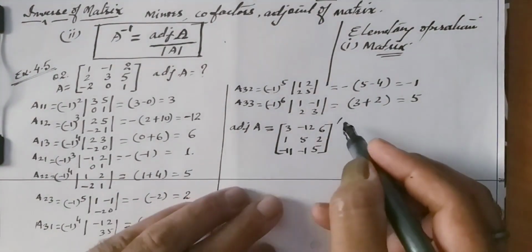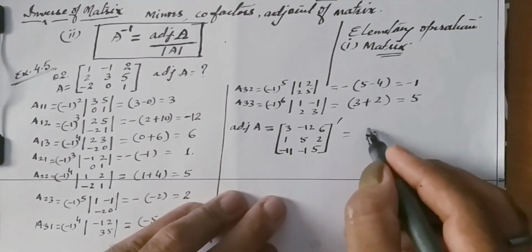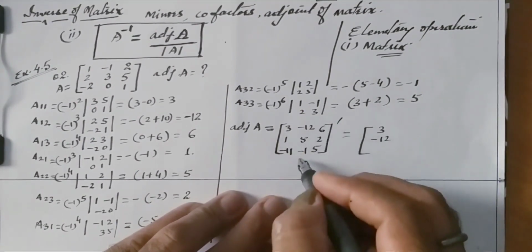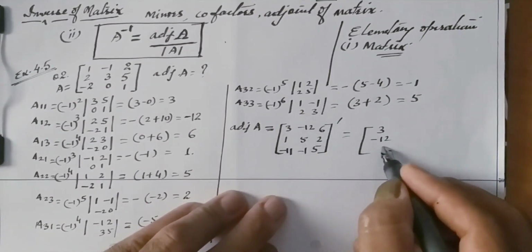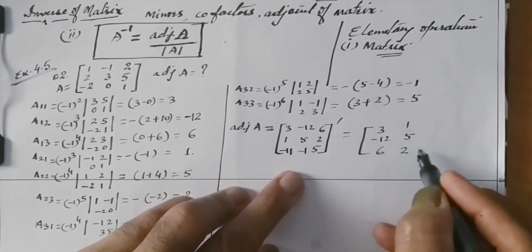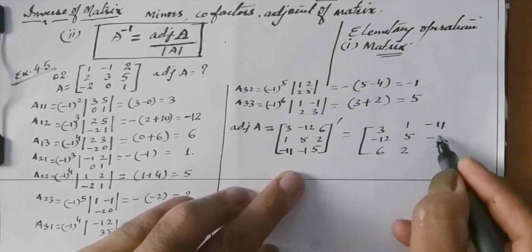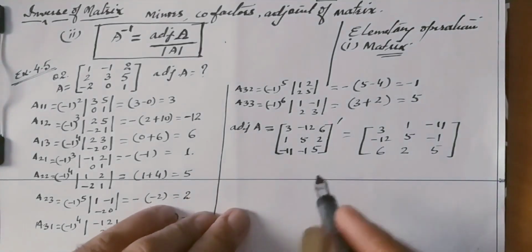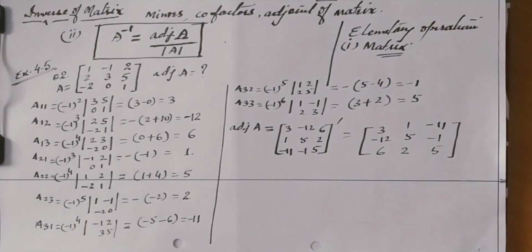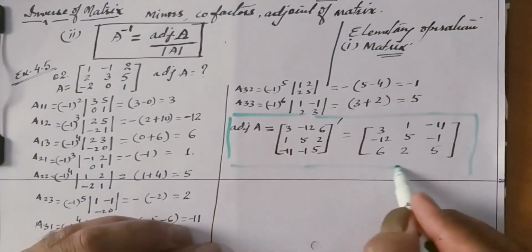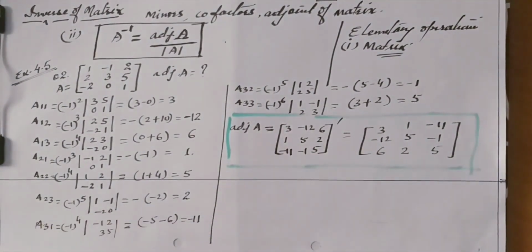Its transpose is called the adjoint of matrix, which is equal to 3, minus 12, and now this row will become a column. Similarly all these 6, 1, 5, 2, and then last is minus 11, minus 1, and 5. This is the adjoint of matrix A. So what was given in the question is that for this matrix A you have to find out the adjoint of this matrix. This is the answer, the solution of the problem.